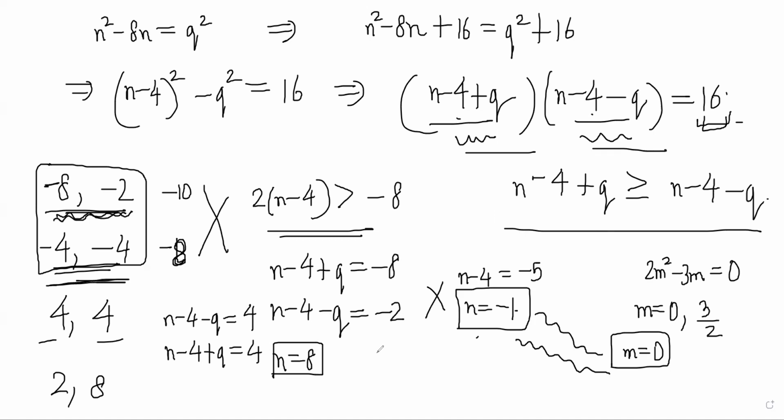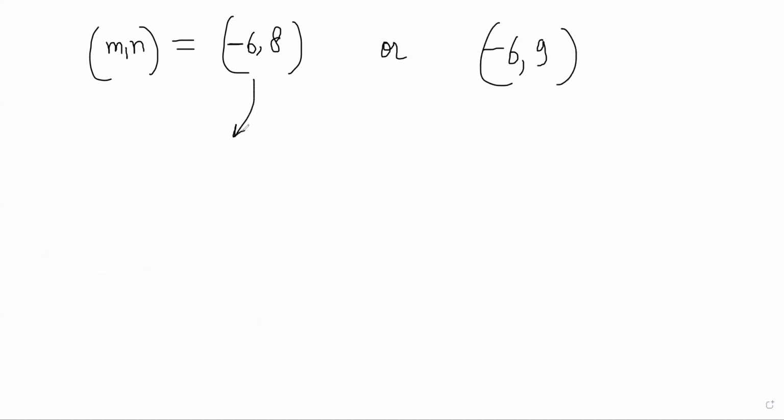In that case, you will get m is minus 6. It's fairly straightforward to find m and n once you know these factors. So what you will end up getting is possible values of m and n are minus 6 and 8 or minus 6 and 9. And this corresponds to the factors 4 and 4, and this one corresponds to the factors 2 and 8.